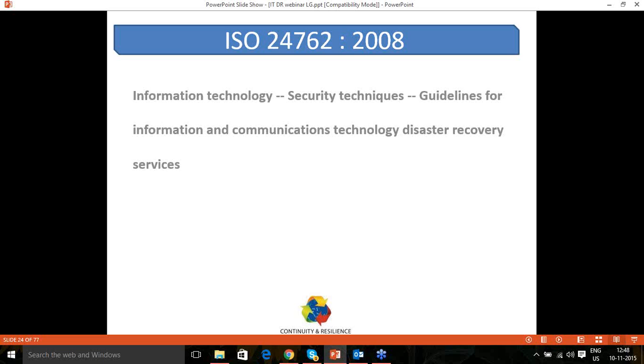All other standards like 27000, 22301, 31000, 20000 talk about disaster recovery in bits and pieces. This is one standard in the making, it's not yet a standard, which would talk about how to have an ITDR structure in place. So we are waiting for this standard to be finalized, and people can go for certification against it. As of today, we can follow it as a guideline or framework and do a better job.